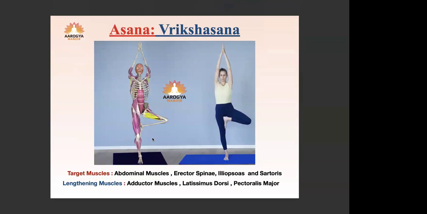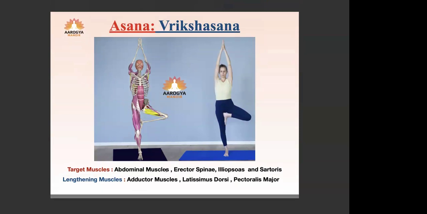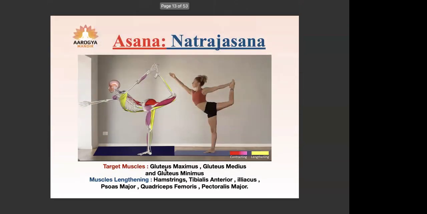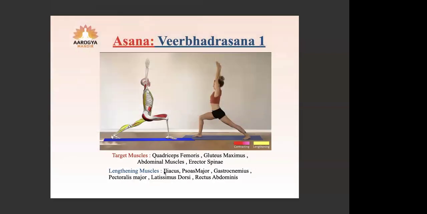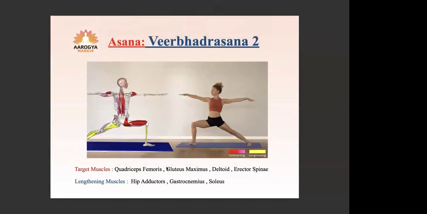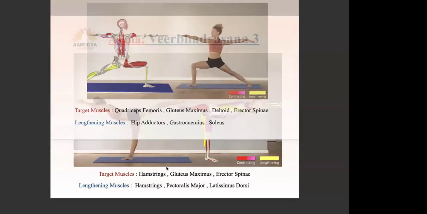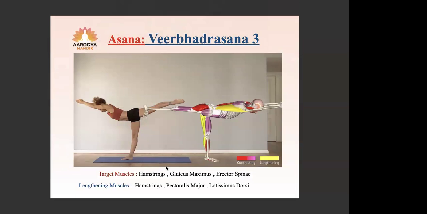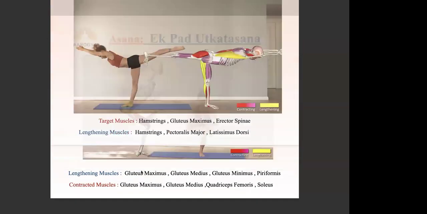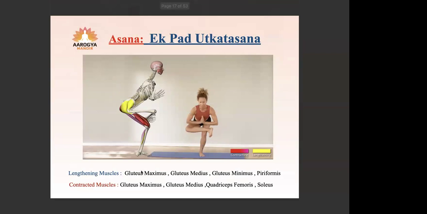And in the last session, we discussed the balancing postures. What are balancing postures? We took Vrikshasana, Natarajasana. If you have not seen the recording, you can ask for the recording. We'll share the link with you. Veerbhadrasana 1, Veerbhadrasana 2, Veerbhadrasana 3, Ek Pad Utkatasana.